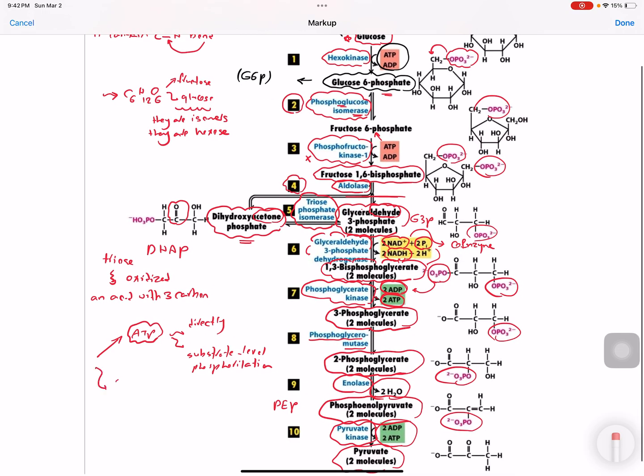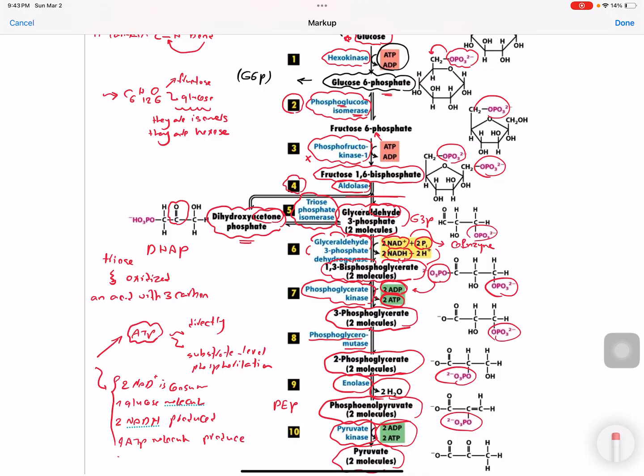And in this process, 2 NAD plus are consumed, 1 glucose molecule is consumed, 2 NADH are produced, and 4 ATP molecules are produced, but 2 ATP molecules were consumed at the first.